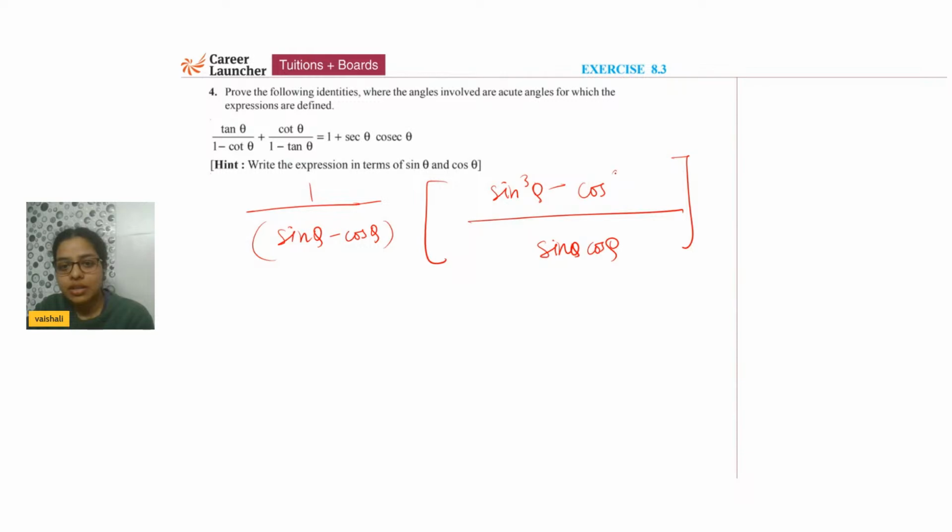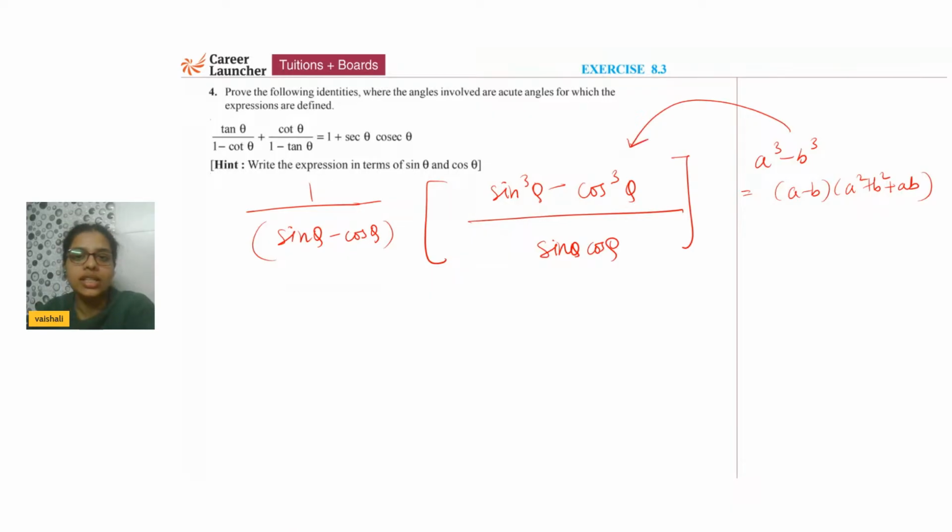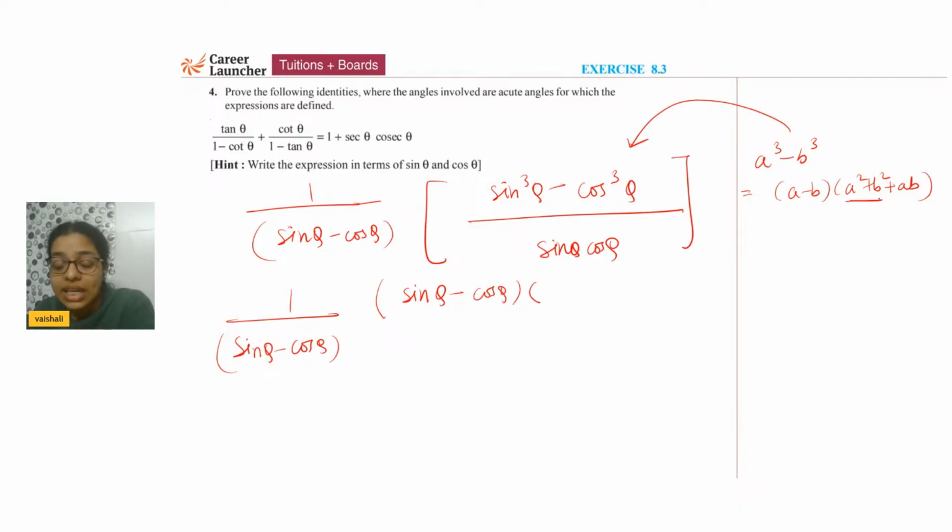Now one formula that you must remember is a cube minus b cube क्या है? a minus b, a square plus b square plus ab. So इसी को हम use करने जा रहे हैं in the numerator. So I can write this down as a minus b, which is sin theta minus cos theta, multiplied by a square plus b square.